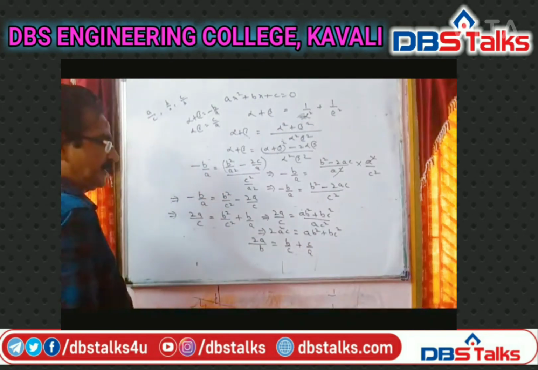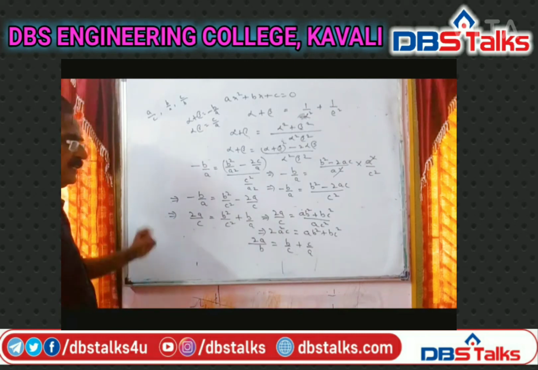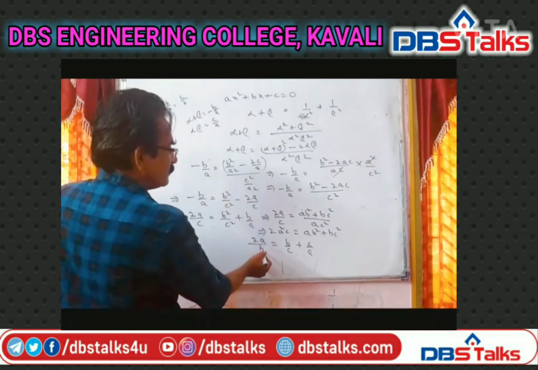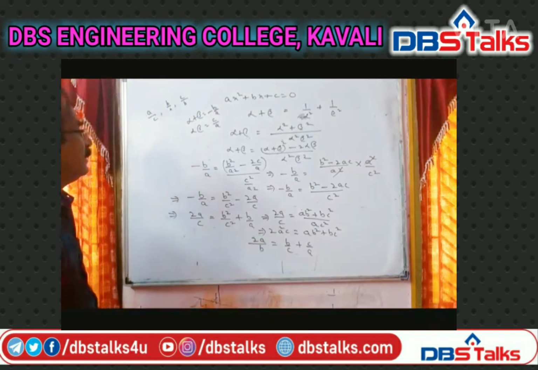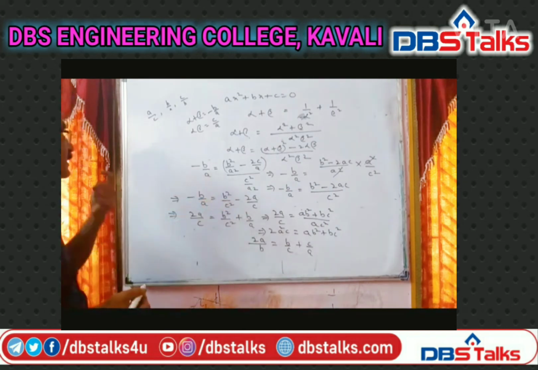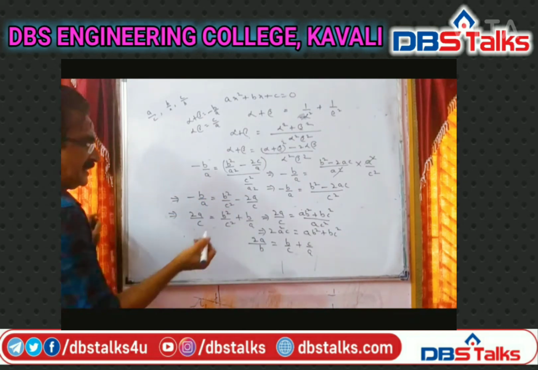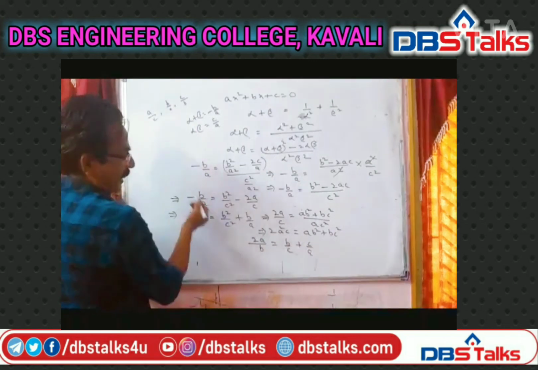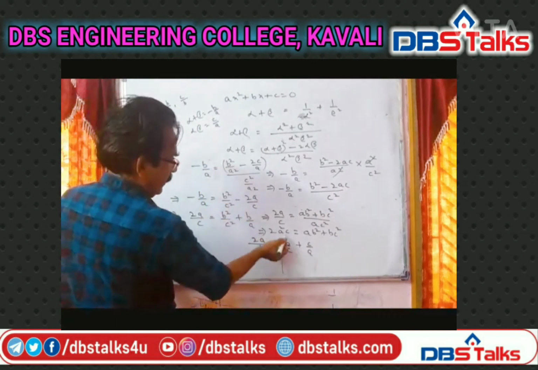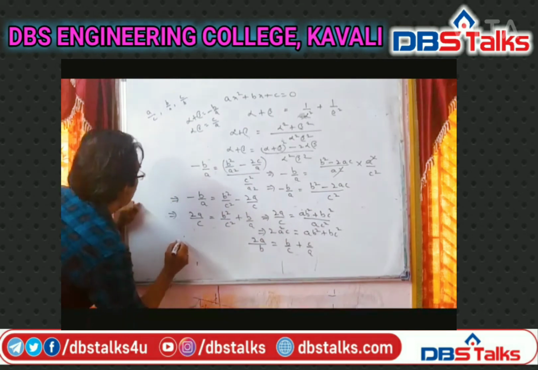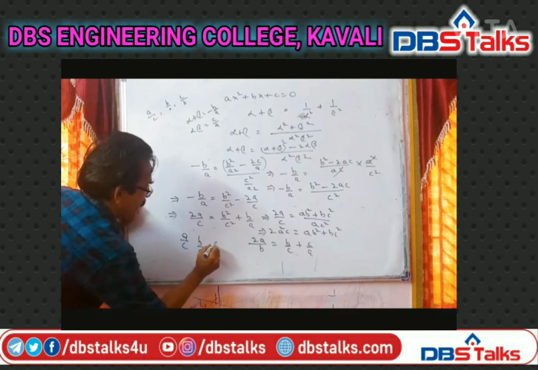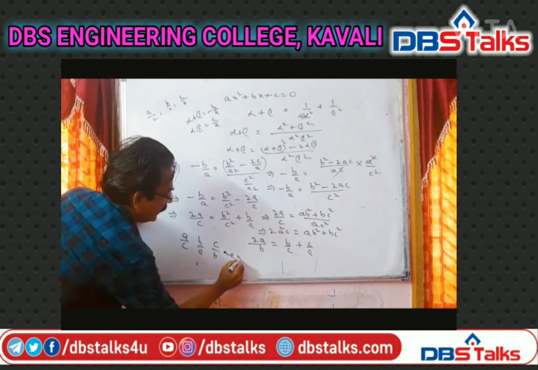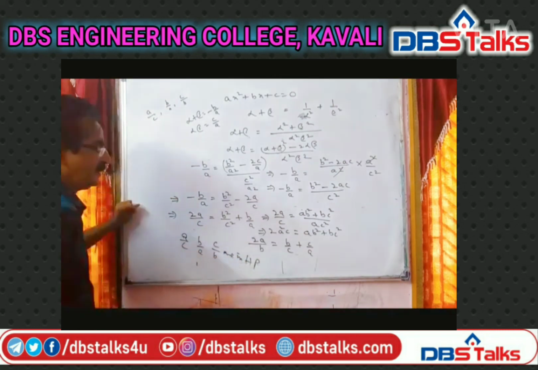So from this we can understand a by b and c by a and b by c are in AP, and their reciprocals, that is a by c and b by a and c by b, are in HP. So a by c, b by a, c by b are in HP. Right, friends?